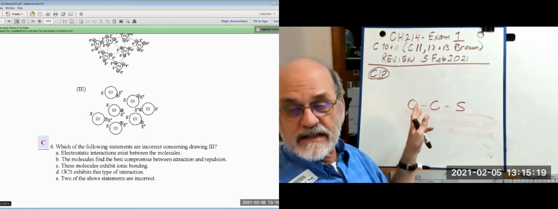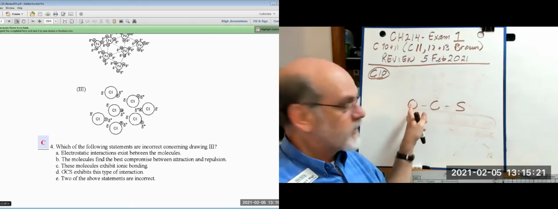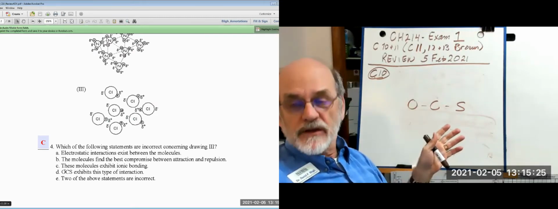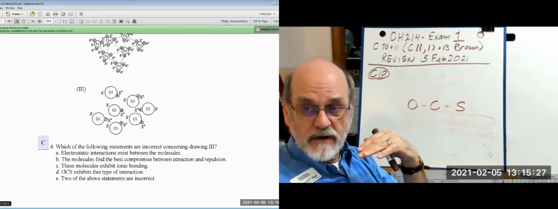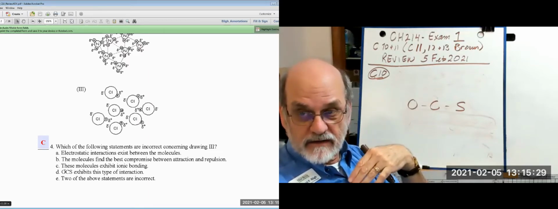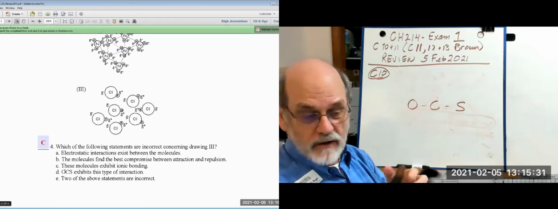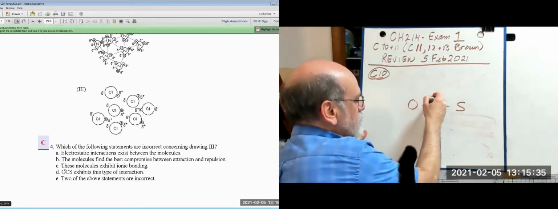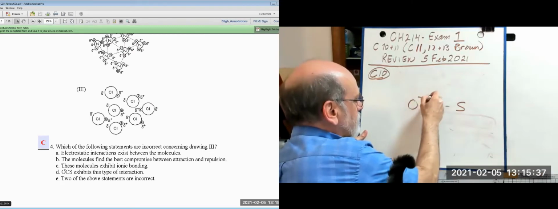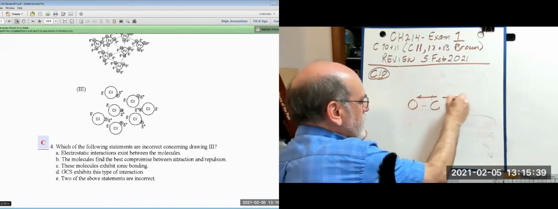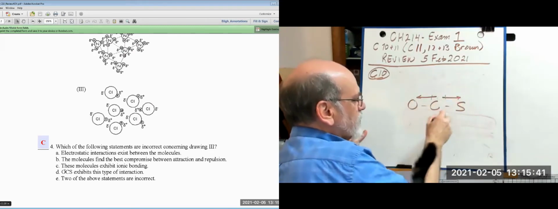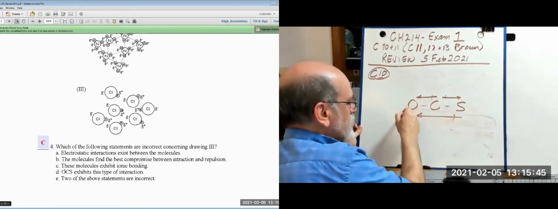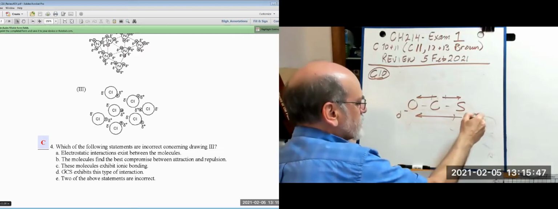What's the electronegativity of oxygen versus sulfur? Let's look at your chart. Sulfur is below oxygen, so it would have less electronegativity. Oxygen would be greater. So that would mean that you would have a dipole this way and a dipole that way, but overall you would have a dipole this way. So you would have slight negative here and slight positive there.